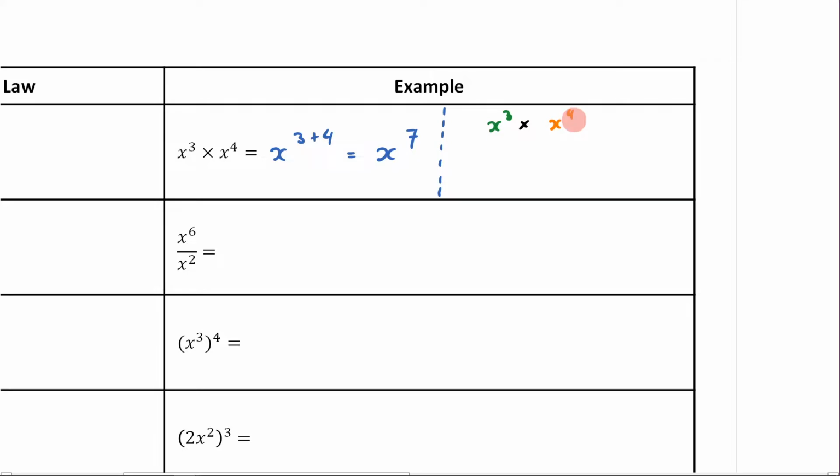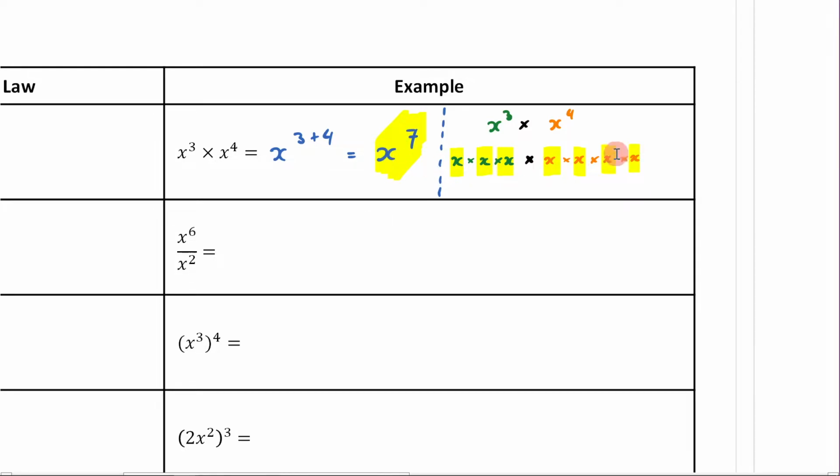Let's think about what each of those is telling me. x cubed is x times x times x, and we take that and times it by x to the 4, which is x times x times x times x. How many x's do I have here? I have 1, 2, 3, 4, 5, 6, 7. Do you see how we're getting x to the power of 7?